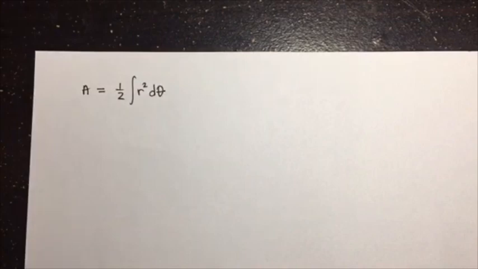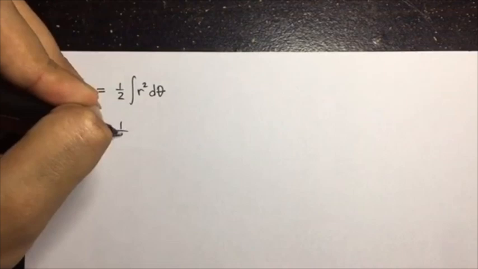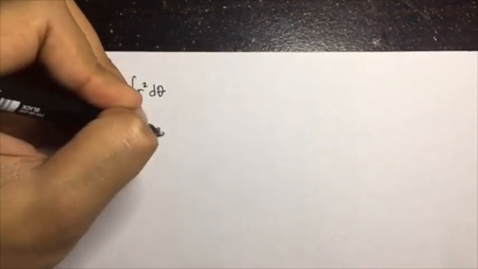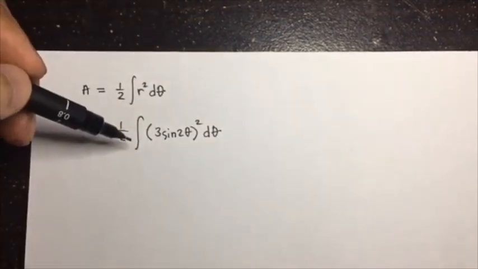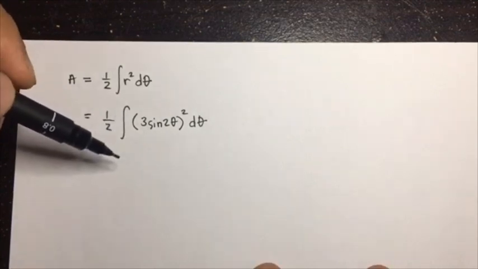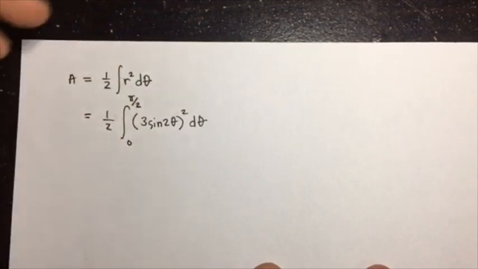So we can now solve for the area. The area of a polar curve is equal to 1/2 integral of r squared d theta. Our r was 3 sine 2 theta, squared, d theta, and since we are only concerned with one petal of the curve, our limits are from 0 to pi over 2 only.